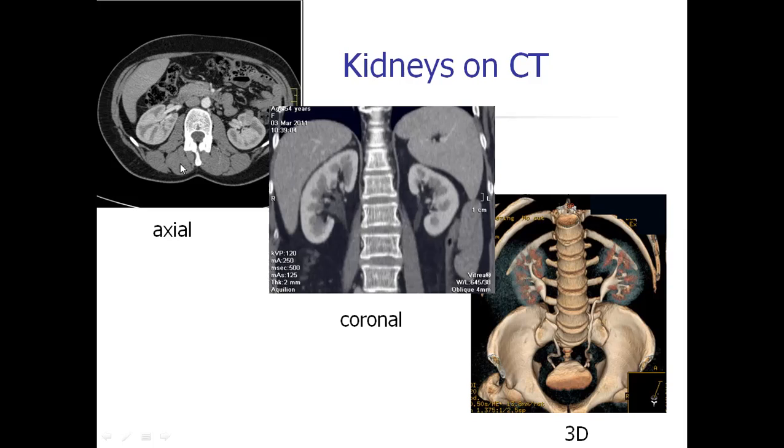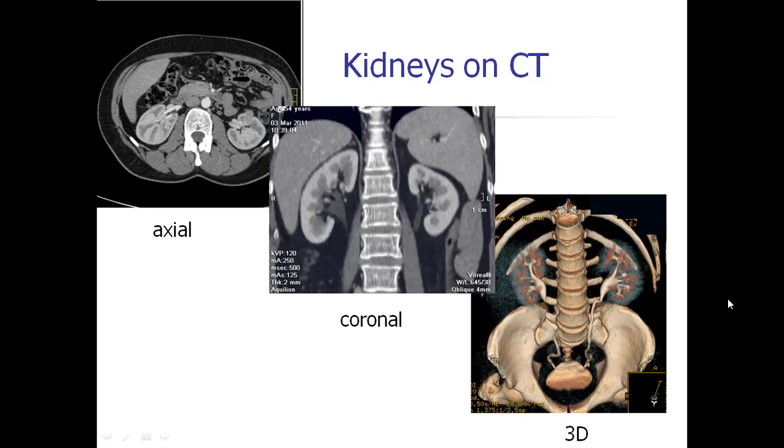As you see, both axial and coronal projections present us very good distinct images of cortex, here and here more bright, more white, and medulla of kidneys, here more dark structures, and on the axial slice also.